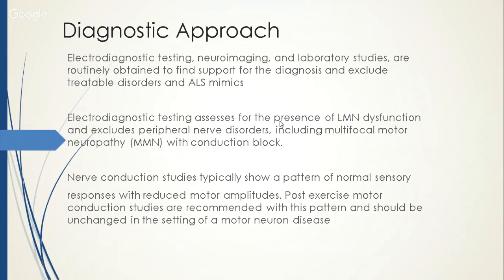So when we're looking at ALS and we're trying to diagnose it, it definitely involves a lot of methods. Clinically, neuroimaging, electrodiagnostic, history, labs. All of this is basically a combined effort to mostly rule out other diseases that may mimic ALS.